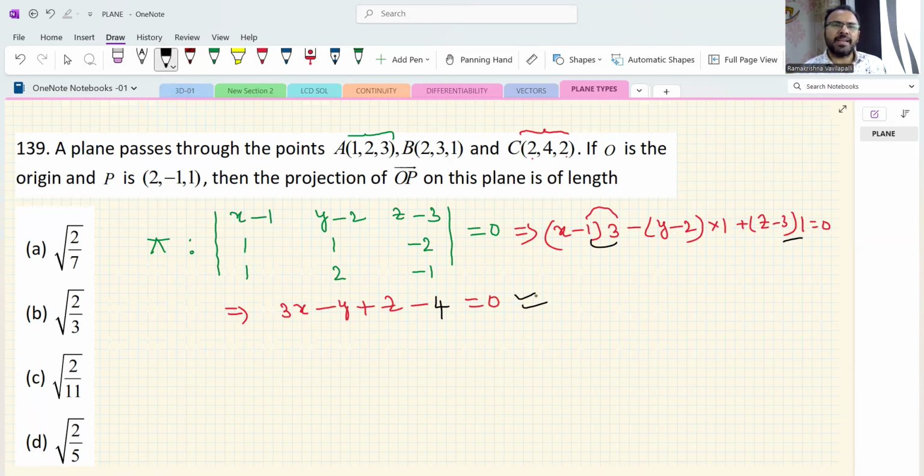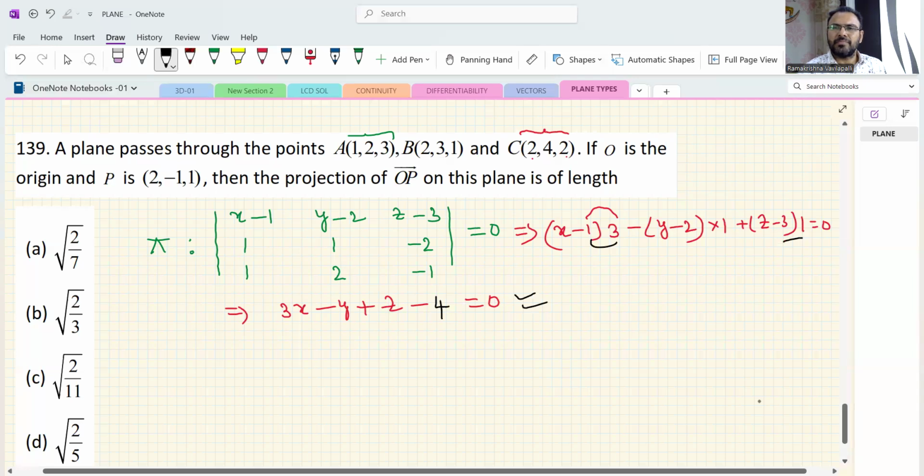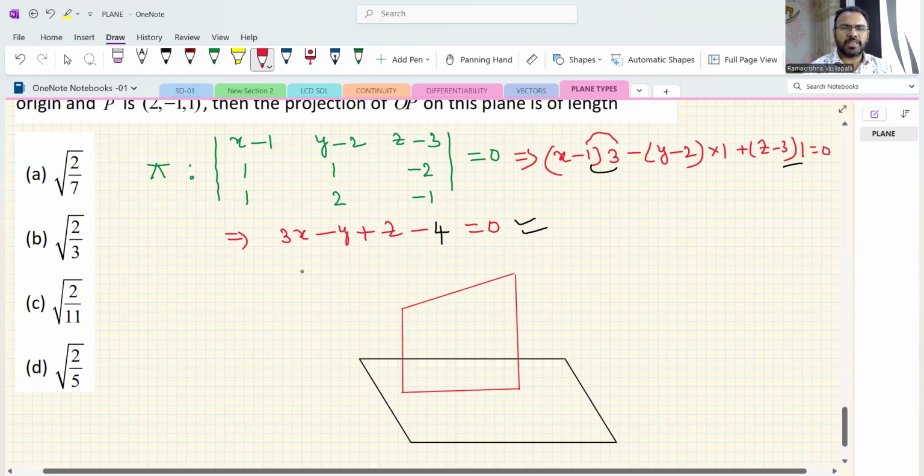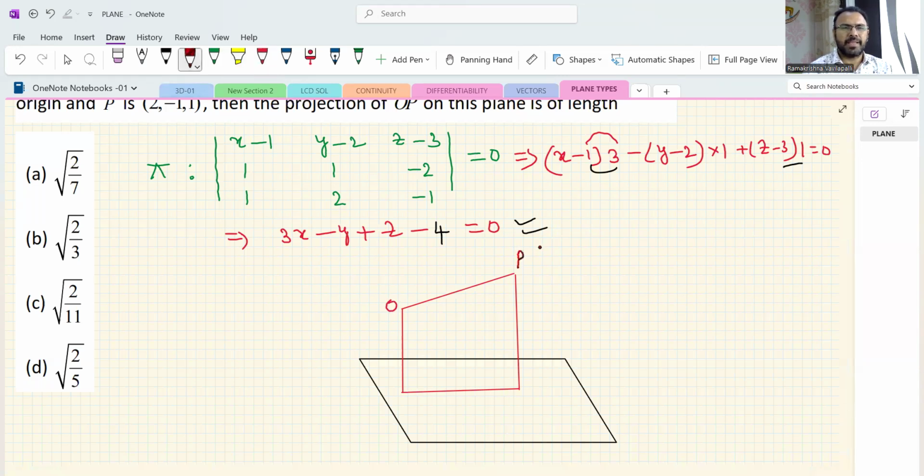Now we need to find out what is the projection of OP on the plane. So we need to find out the projection of OP. Assume this is O and this is the point P, given that 2, minus 1, 1. We need to find out the projection of OP on the plane pi.